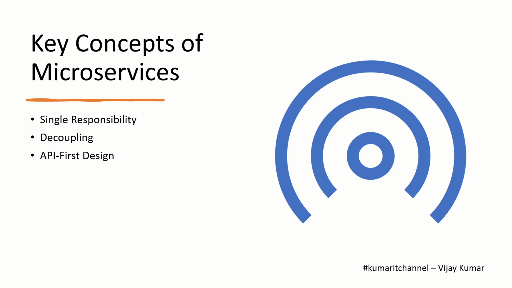and so on, right? So, talking about decoupling, this involves designing microservices in such a way that they are loosely coupled, meaning each service can operate independently of other services, right?